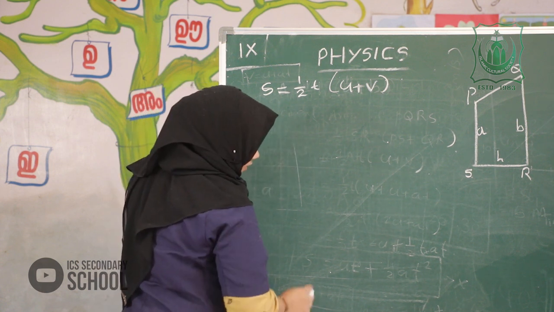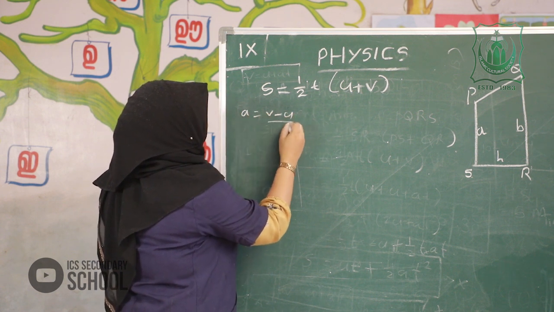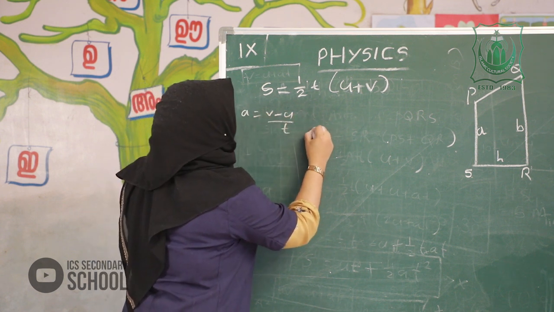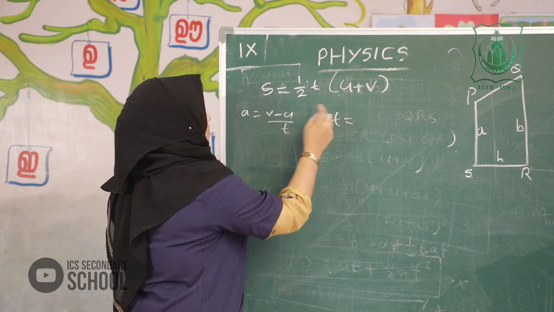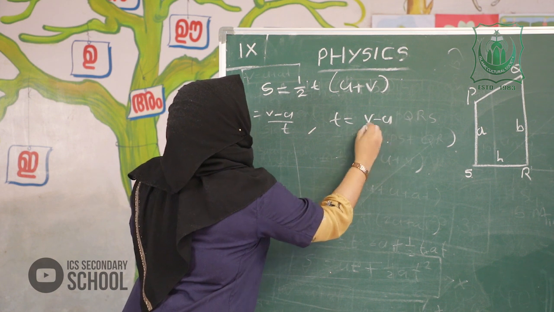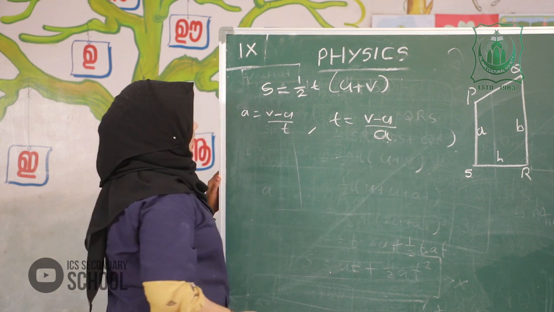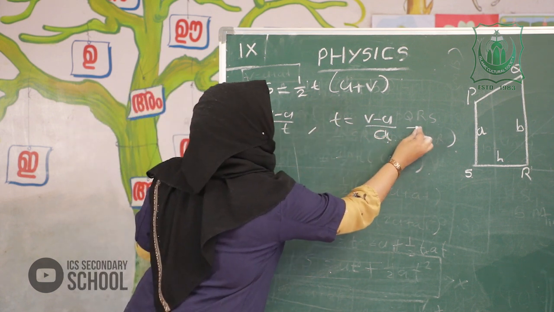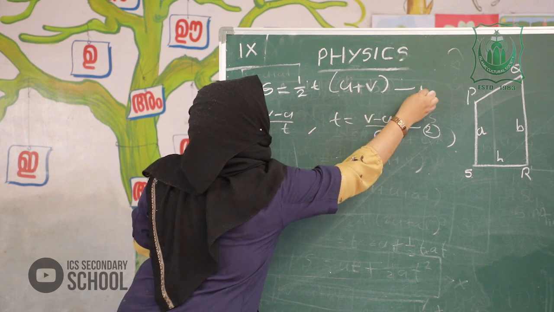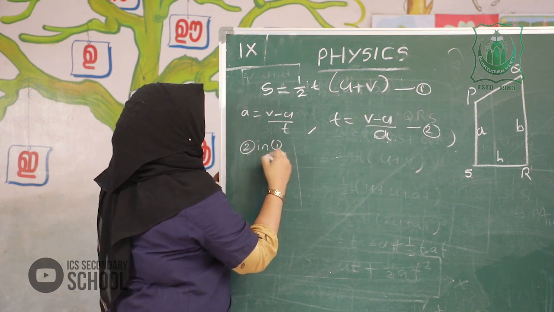From the first, we know that acceleration is equal to v minus u by t. From this, what is t? t is equal to v minus u divided by a. Put this t in this equation. Put 2 in 1. What happened?